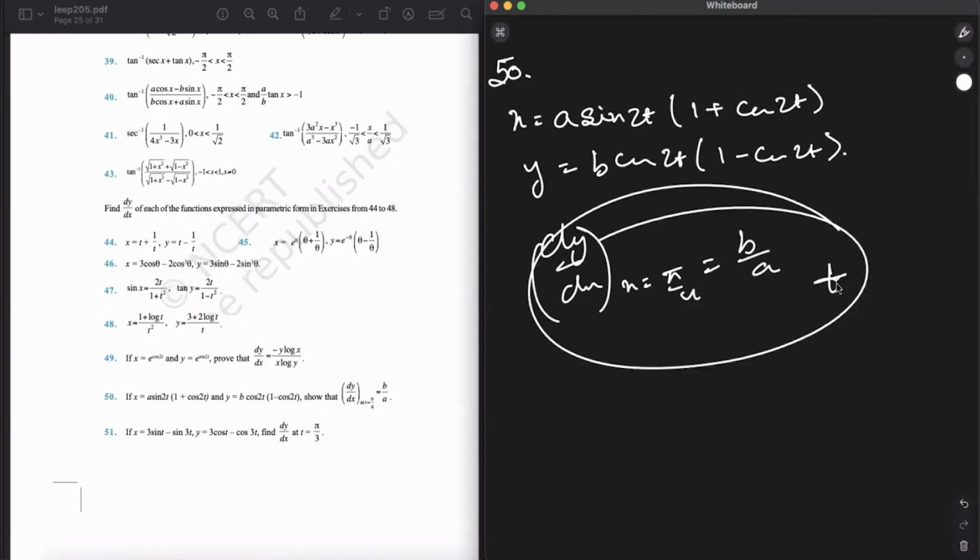To prove, all right, so this is your x and y.